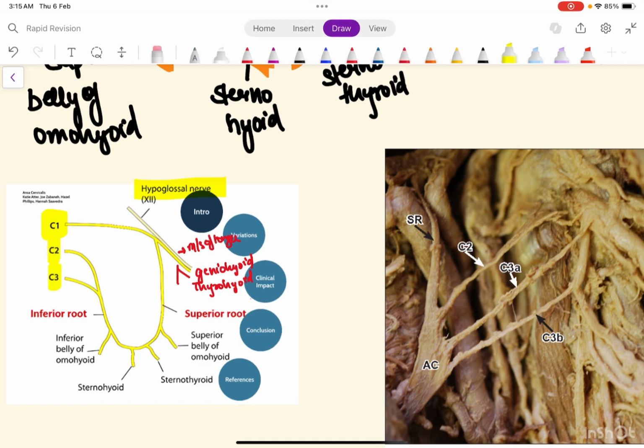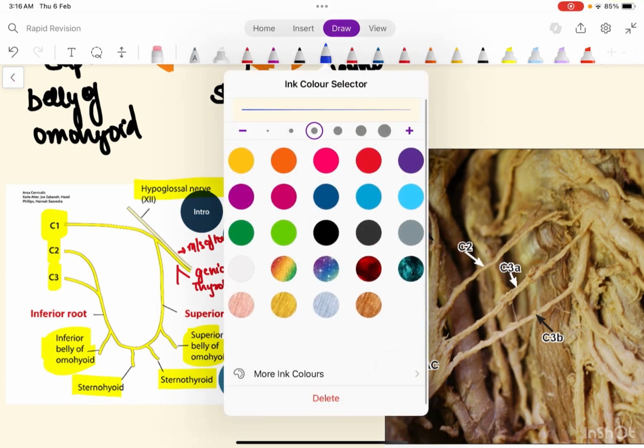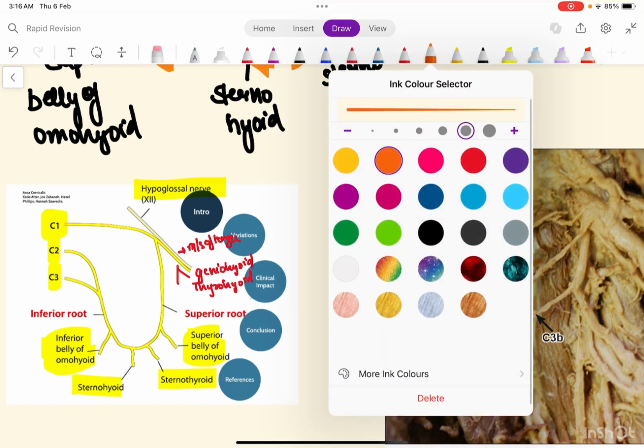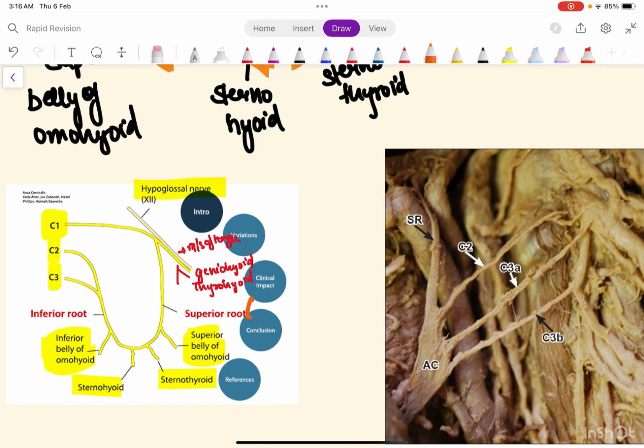Then C2 and C3 are supplying the superior belly of omohyoid, sternohyoid, sternothyroid, and the inferior belly. The superior root is also called descendens hypoglossi.